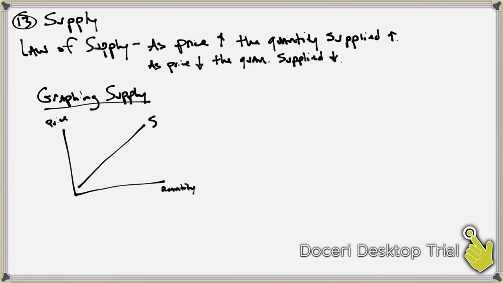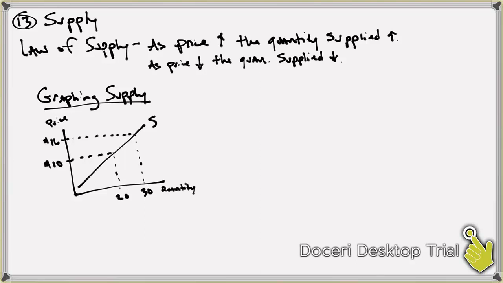And we can plug some numbers in here. From our example, we'll say that at $16, we can use this graph to show how many hours we'd be willing to supply. Let's just say that the quantity was 30. And when we drop down to 10, now the quantity supplied is going to be, we'll say, 20.